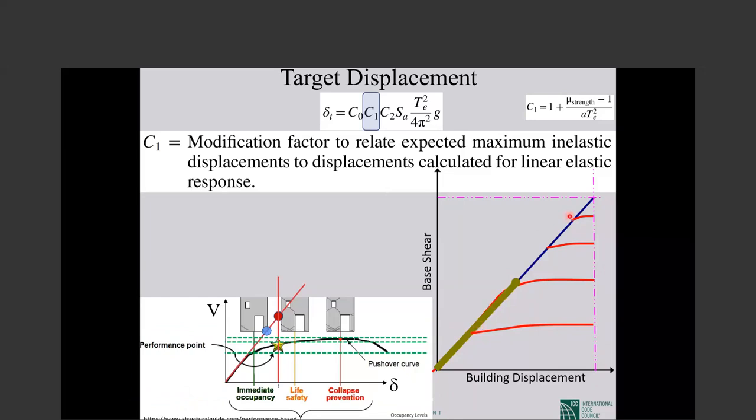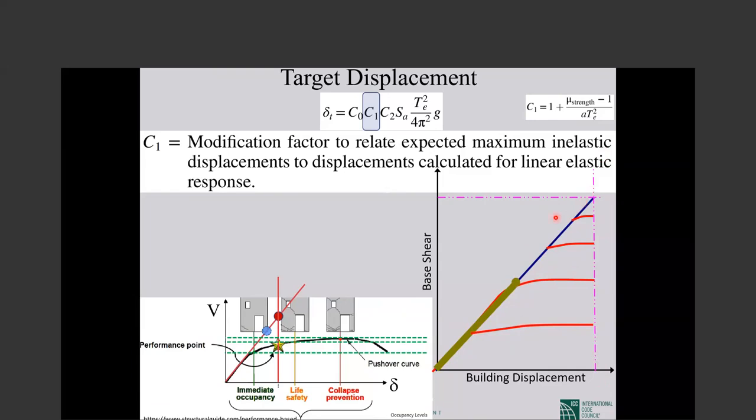Because we use the R factor for new buildings, and for older buildings the strength is not as much as the strength of the earthquake, so they will yield. Is there any relationship between the maximum displacement of a system when it yields and when it does not yield? Is it linear? Is there any relation?